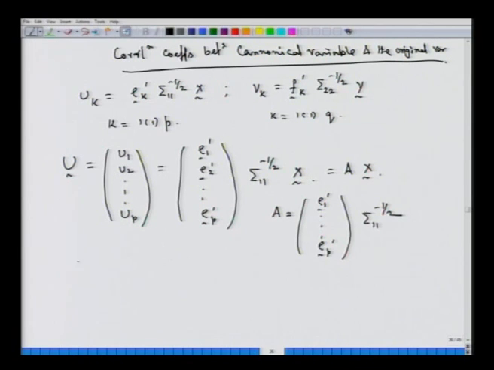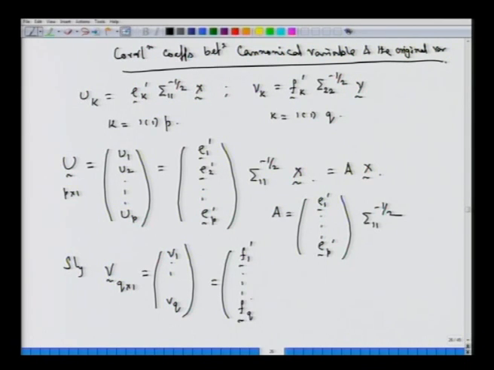Now, this is as far as u is concerned. Similarly, one can write this v vector. This is going to be a q by 1 vector, v1, v2 up to vq, and this will be given by f1 prime, f2 prime, up to fq prime, that times sigma 22 to the power minus half times this y vector.